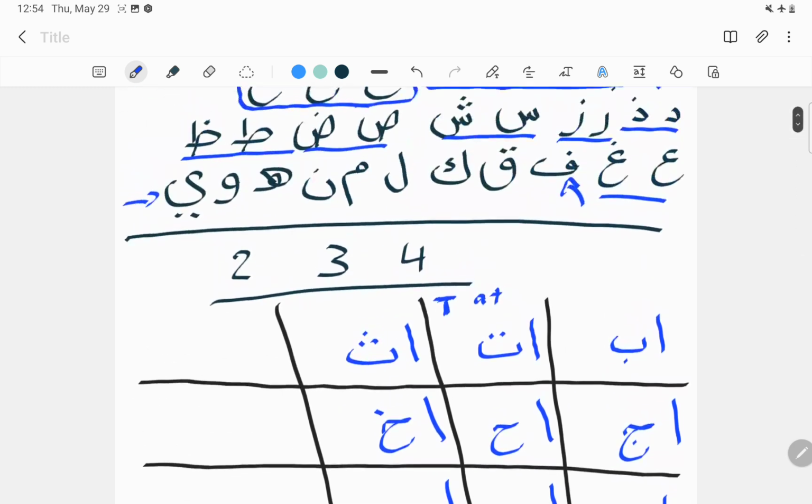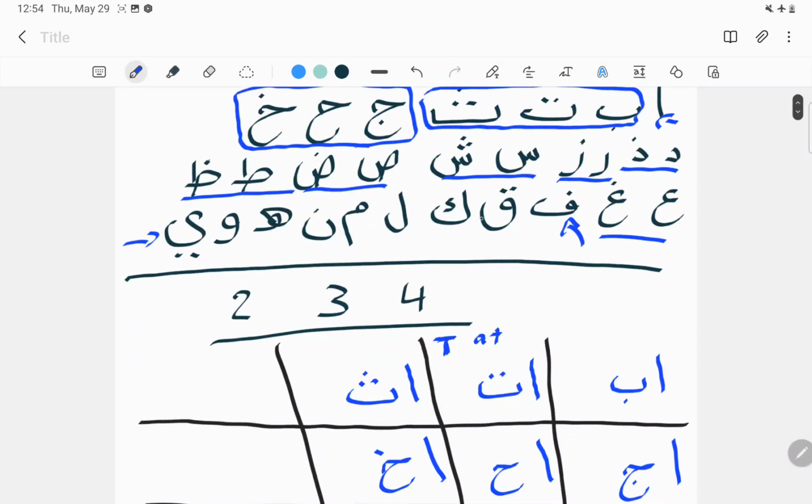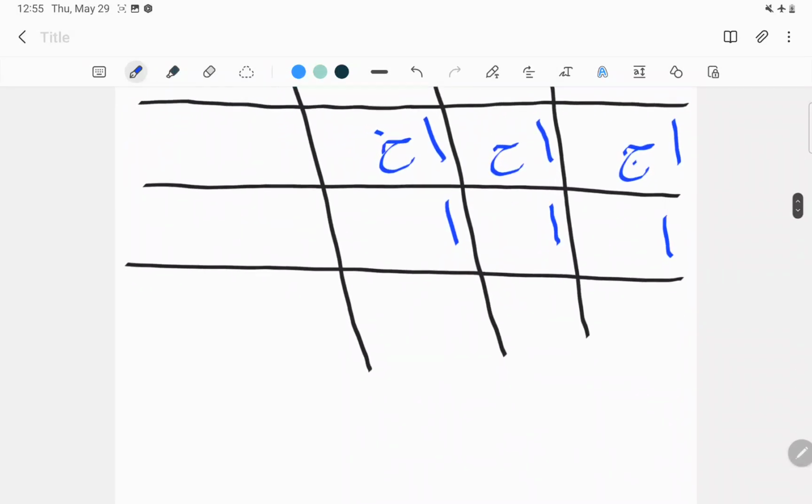We will take these guys here. Lam, mim, nun.